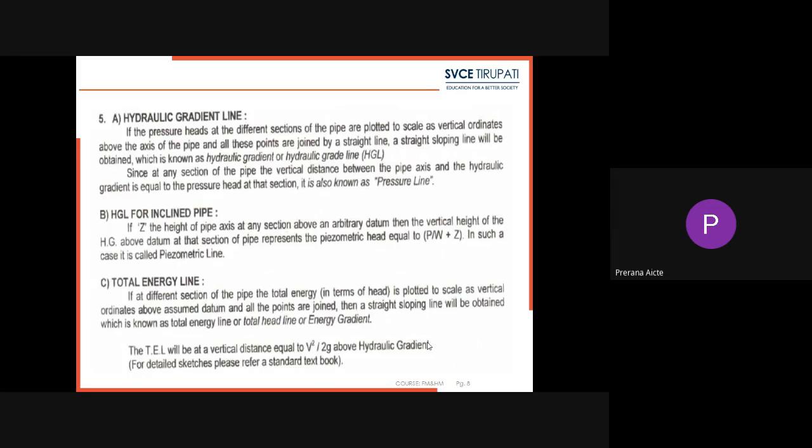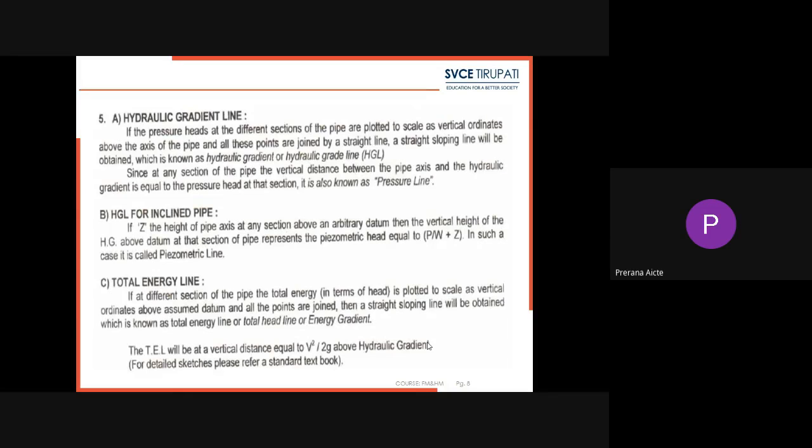The next topic is hydraulic gradient line. Hydraulic gradient line mainly depends on the different types of heads, like pressure head, velocity head, and datum head. The hydraulic gradient line can be defined as follows: if the pressure heads at different sections of the pipe are plotted to a scale as vertical ordinates above the axis of the pipe, and all these points are joined by a straight line, a sloping line will be obtained, and that line is known as the hydraulic gradient line.